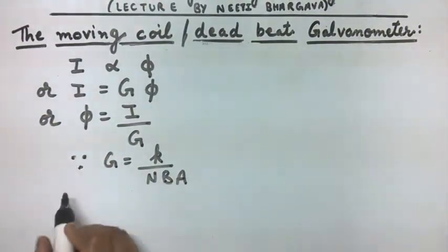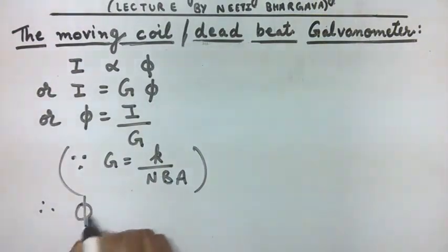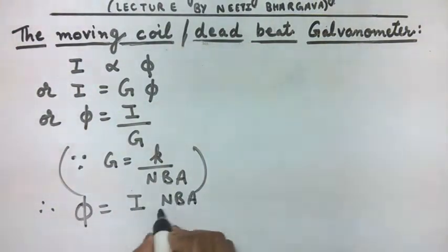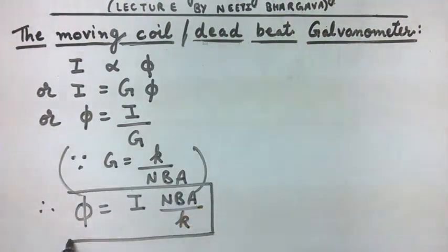Therefore, phi is equal to I into NBA by K. That is, deflection can be increased for a given value of current when the number of turns is increased and magnetic field lines are more, area is large up to a certain limit, and restoring torque per unit twist is small.